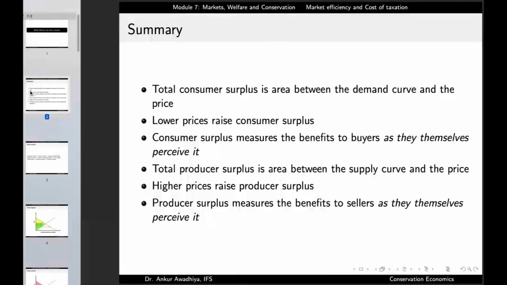And consumer surplus measures the benefits to buyers as they themselves perceive. This is because the consumer surplus is measuring the difference between the value of a good to a buyer and the price that the buyer has to pay to get that good. So if I as a buyer have put a value of 50 rupees to this pen, and if this pen is available to me for 20 rupees, so this difference of 50 rupees minus 20 rupees, which is 30 rupees, is my consumer surplus.